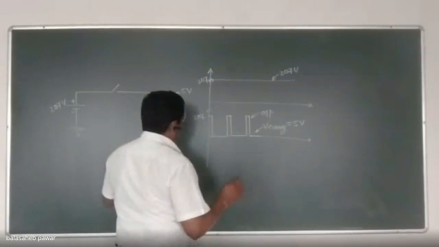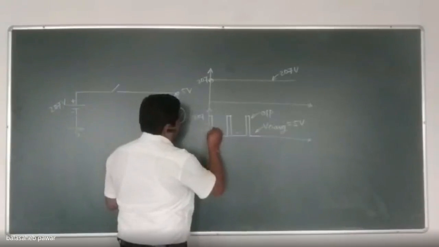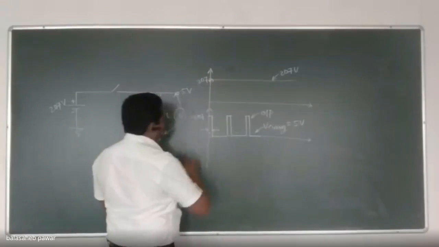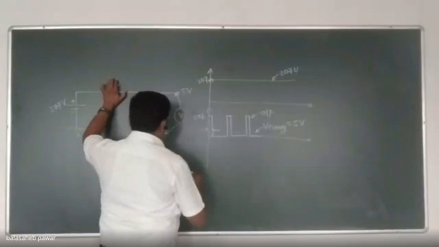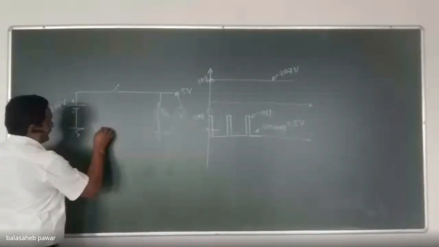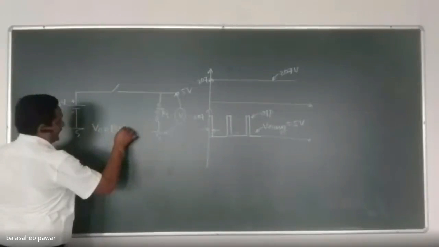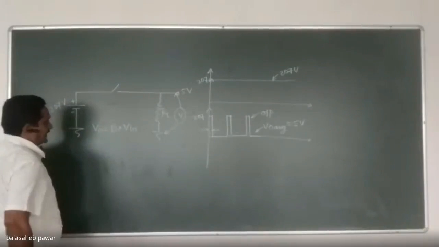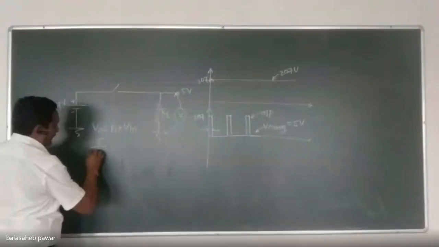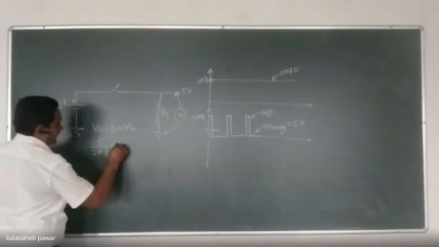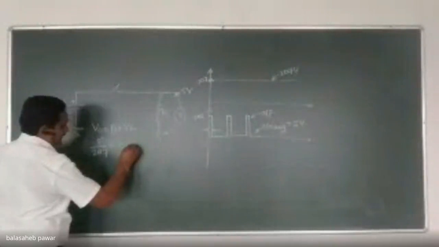Now we determine the duty cycle for the switch, because as per that formula, VO equals what? Capital D into Vin. Is it? Our VO requirement is 5 volts divided by Vin, 207, and that is our duty cycle. How much is it?